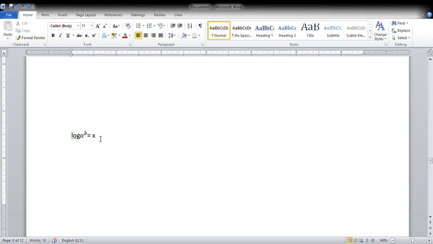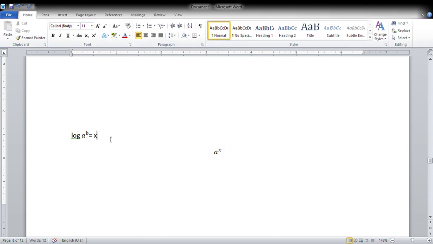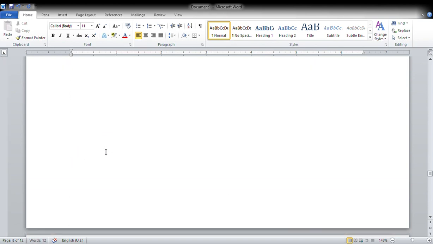If you want to convert it into exponential form, the base a will be the same and x will come to the power part. So a to the power x is equal to b, with b moving to the right side of the equation. Simple thing. This is how we can convert between the logarithmic and exponential forms.